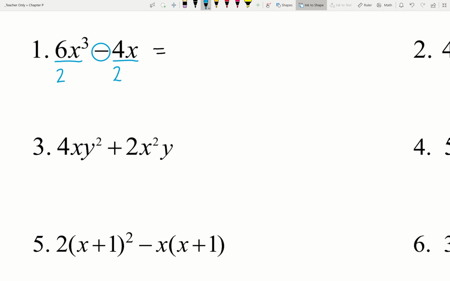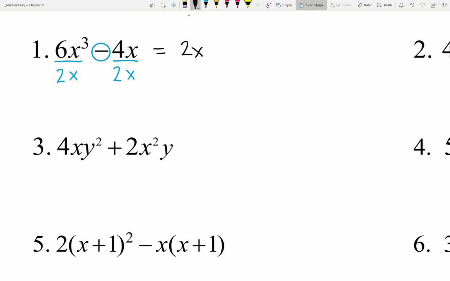In the first term I've got an x to the third, in the second term I've got just a single copy of x. We're looking for the greatest number of copies of x that both of these terms can have factored out. And so because that second term can only factor out a single x, that is what I'm going to factor out of the first term as well. Again, common factor, okay? And so it looks like here the monomial 2x is going to represent the GCF in this problem.